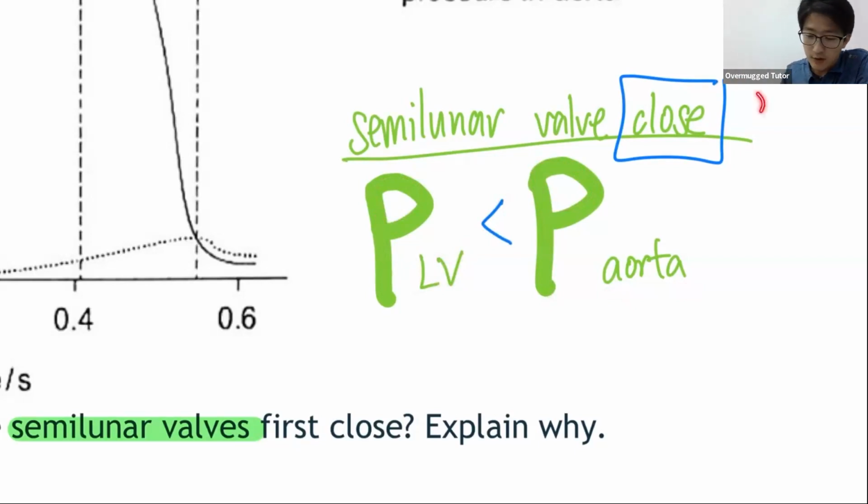Okay? So very quickly, the last thing for today here, in our worksheets: semilunar valve closes when pressure in LV is smaller than pressure in the aorta. Where is that in the graph? Can I remind us that question is asking for first close?